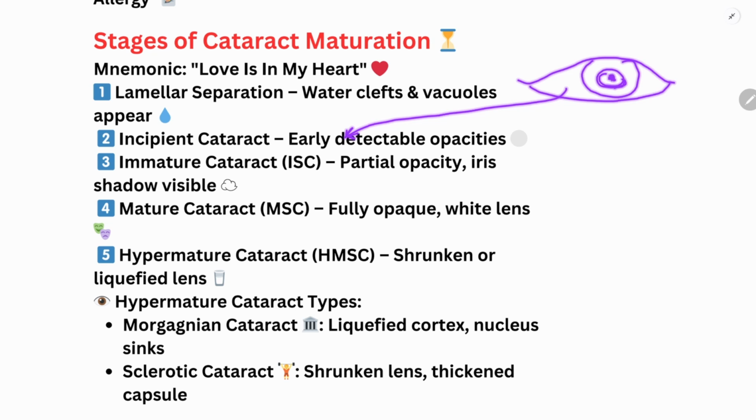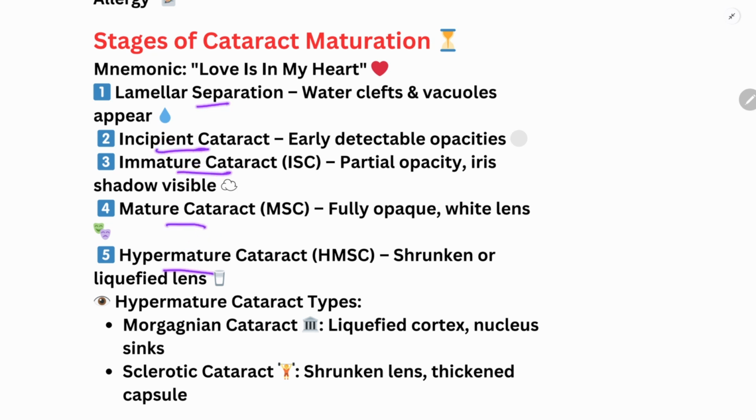The opacity increases in size, leading to immature cataract, and it increases further, which leads to mature cataract, and the opacity increases to its maximum, which is called hypermature cataract. These are the important steps, very easy to remember. Lamellar separation, incipient cataract, immature, mature and hypermature.